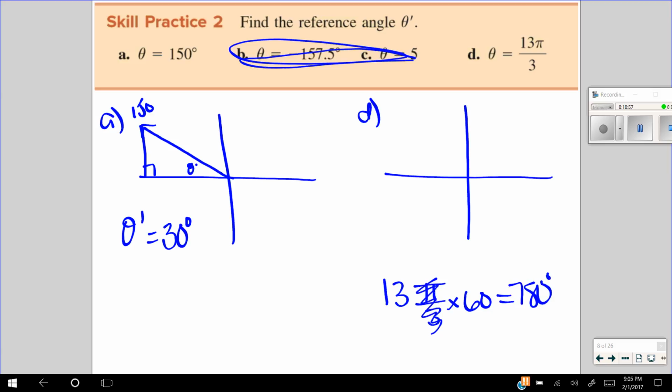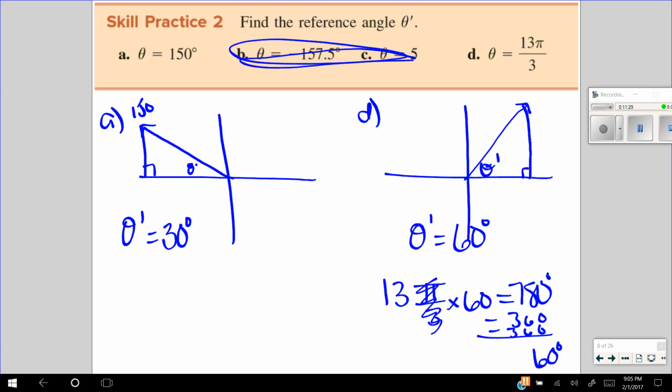So I'm going to figure out where that lands on the unit circle by finding its coterminal angle. Subtracting 360 gives me 420. Subtracting another 360 takes me to 60 degrees. Okay. So that means that 60 degrees is my reference angle. But since the original problem was given to me in radians, I'm going to convert that back to radians. You should know that 60 degrees is pi over 3. So your reference angle is pi over 3.